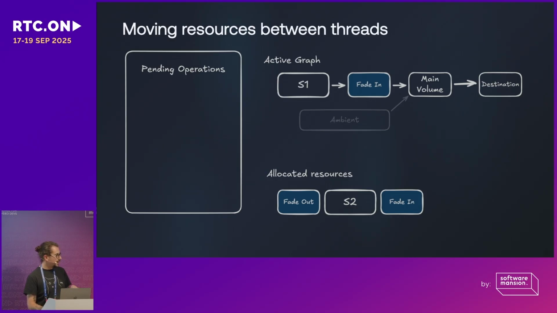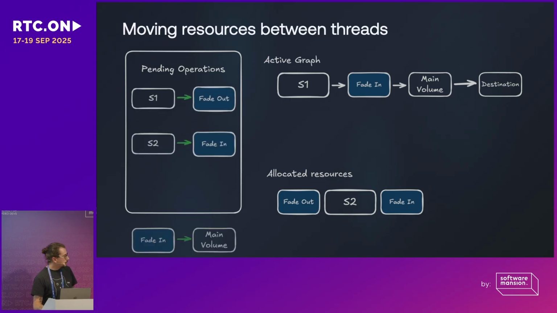But at the same time, one of the already existing nodes stopped playing. So we are marking it as safe for deallocation, which is done on yet another thread, just to also avoid the deallocation itself on the audio thread.